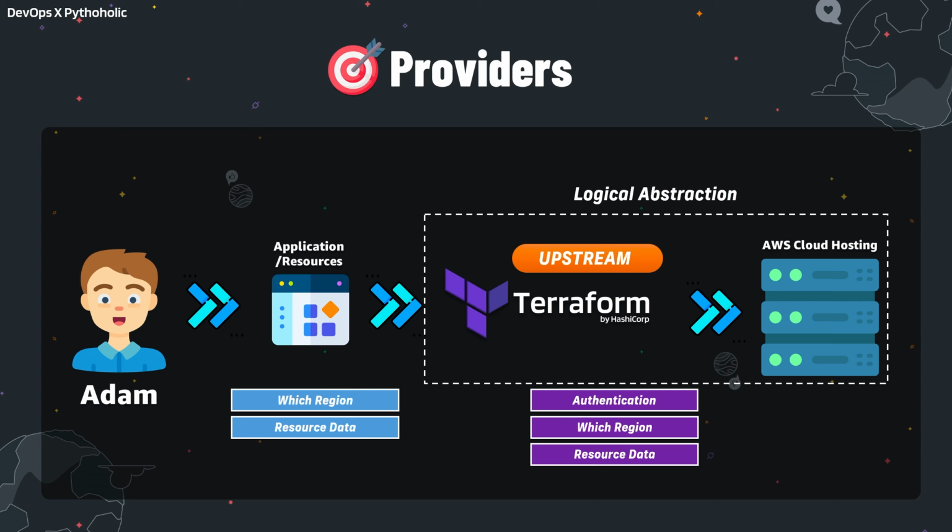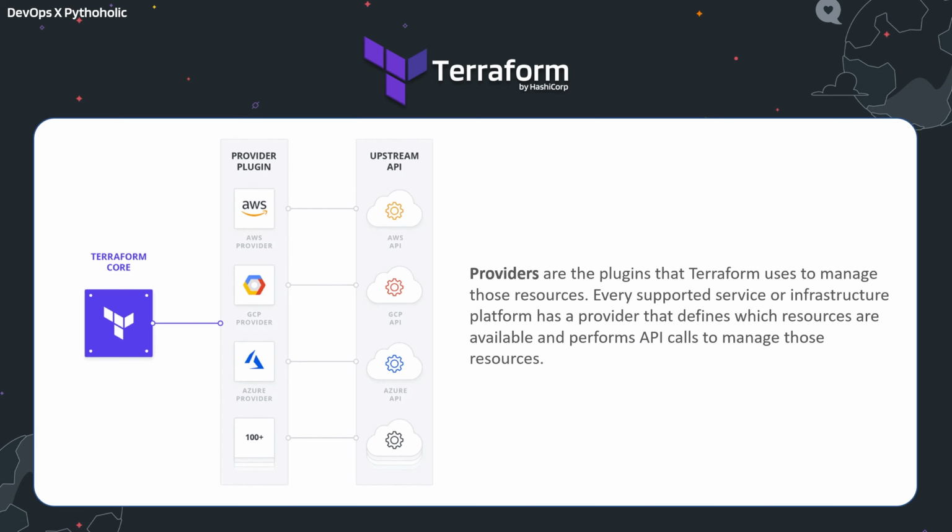The API would need certain information from the user who is performing the operations, like the authentication, the region for which you want to deploy the resources, and other configurations. As it is mentioned here, providers are the plugins that Terraform uses to manage those resources. Every supported service or infrastructure platform has a provider that defines which resources are available and performs API calls to manage those resources.